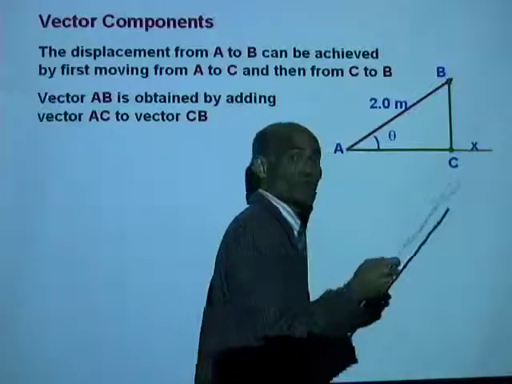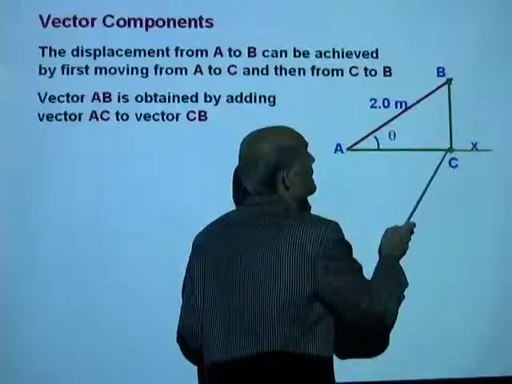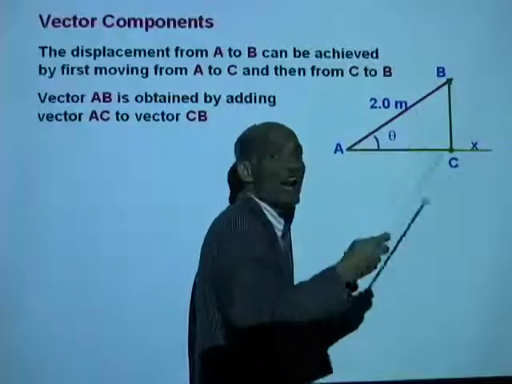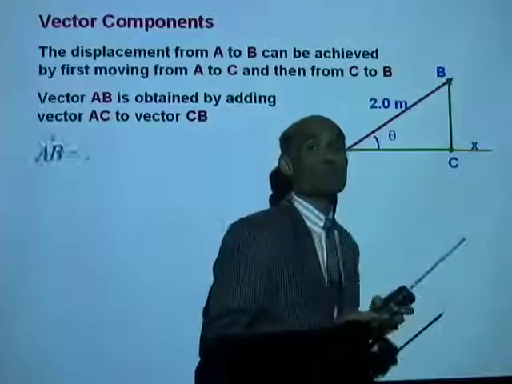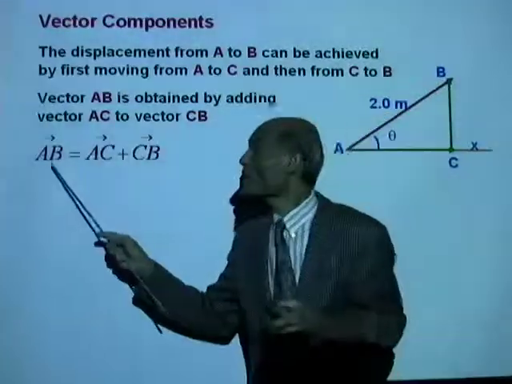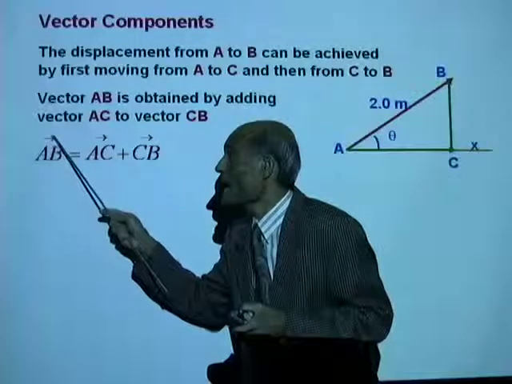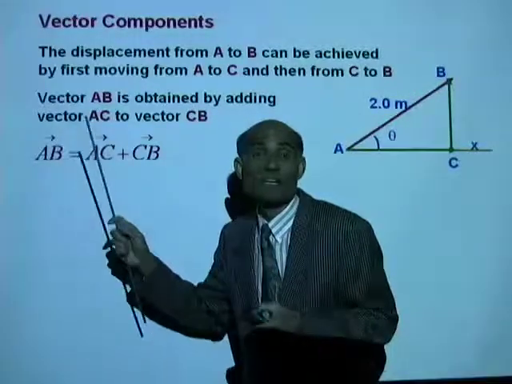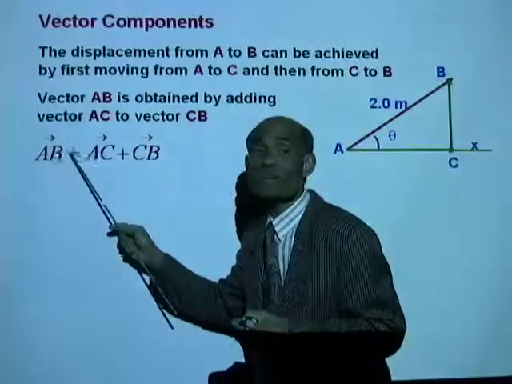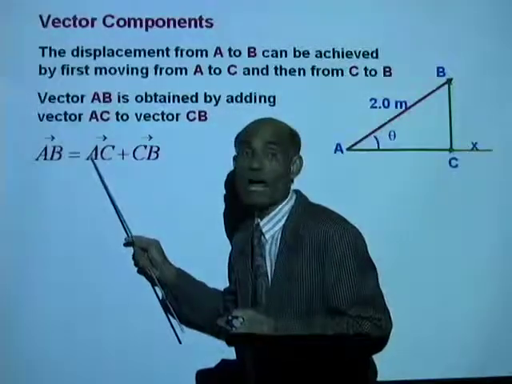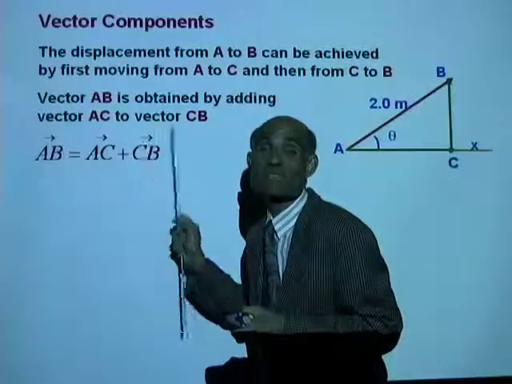Or we say here, vector AC and vector CB are the components of vector AB. And look at the vector equation. Vector AB, that arrow on top of AB, says AB is a vector. Vector AB can be obtained by adding vector AC to vector CB.